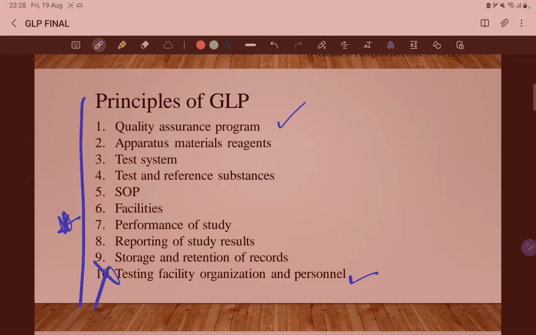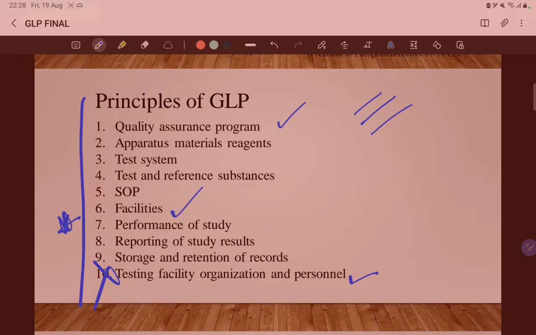There are three types of inspections: study based inspection, facility based inspections, and process based inspections. Inspection of the final reports for accurate and full description, and reporting the inspection results to the management, and statements.